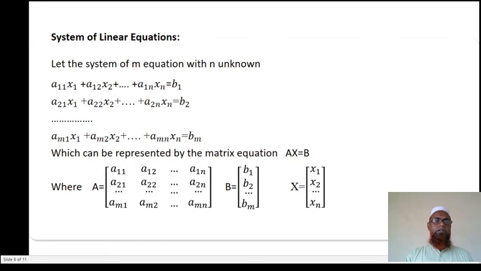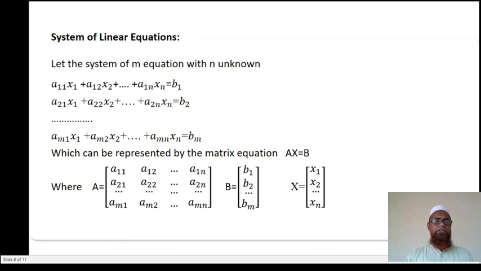Here a11, a12, dash dash, a1n are the coefficients of x1, x2 respectively, and b1 is a constant, which can be represented by the matrix equation Ax equal to b.